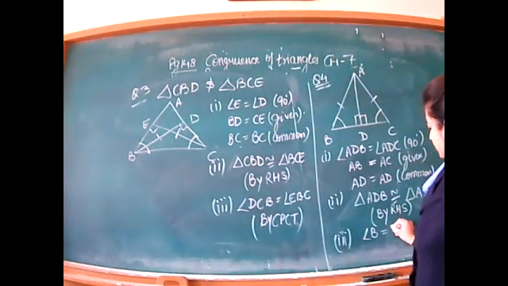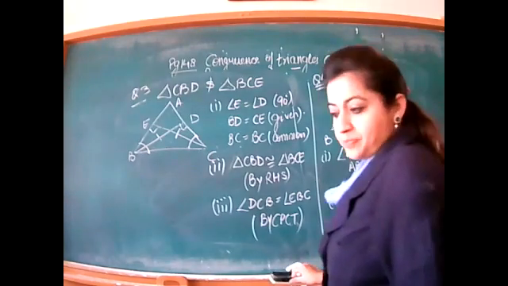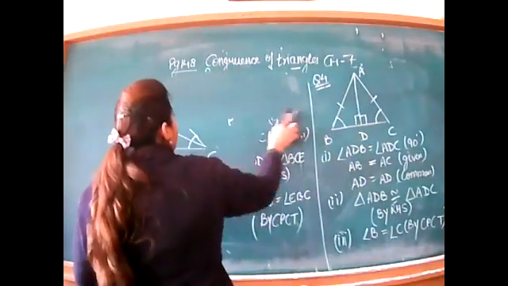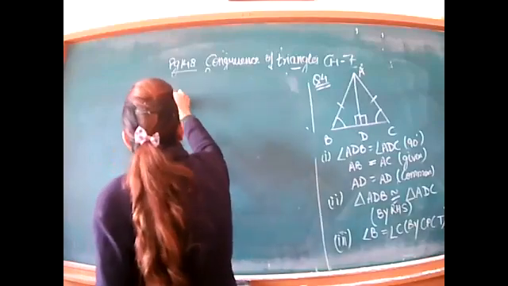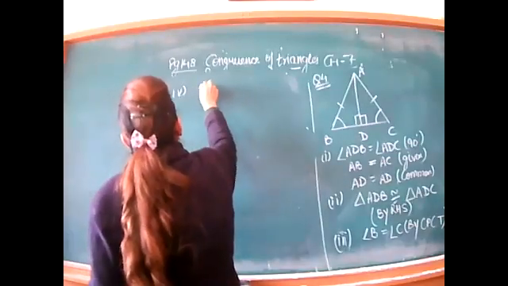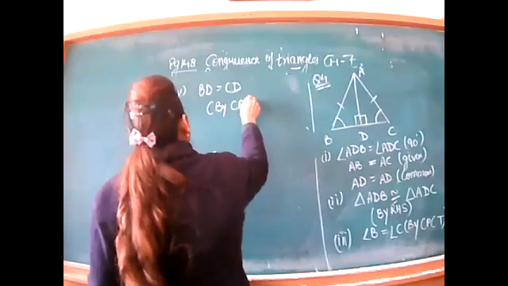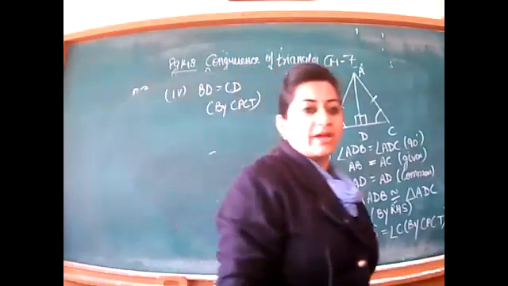Yes, B is equal to C by CPCT, corresponding parts of congruent triangles. Fourth part, is side BD equal to CD? BD is equal to CD, again by CPCT.